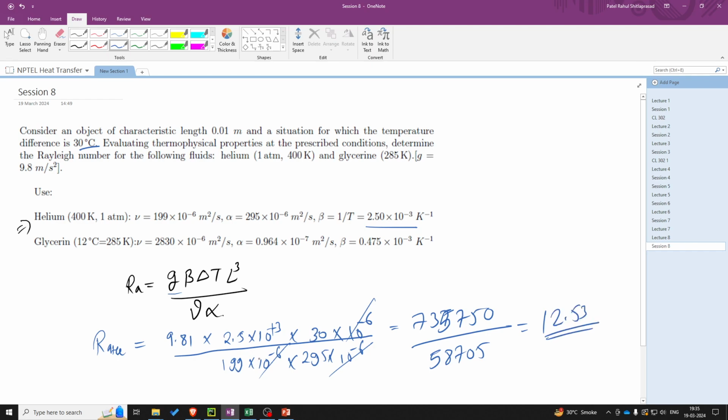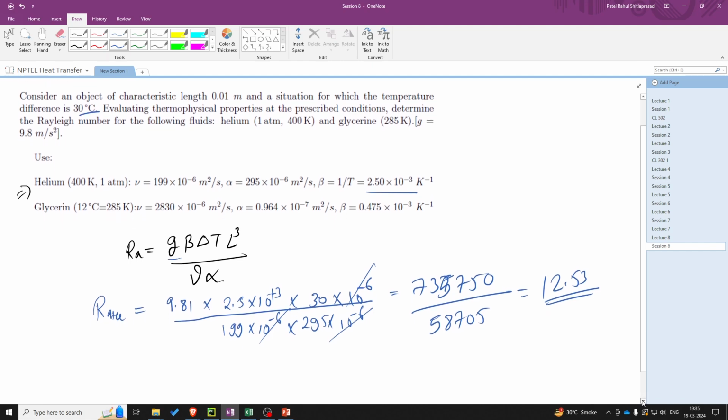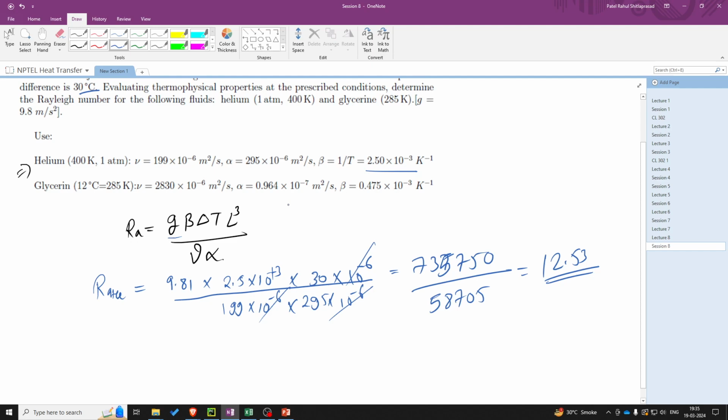For helium, the Rayleigh number is 12.53, and again, this is less than 10 raised to 9, so we can say that we are having a laminar flow.